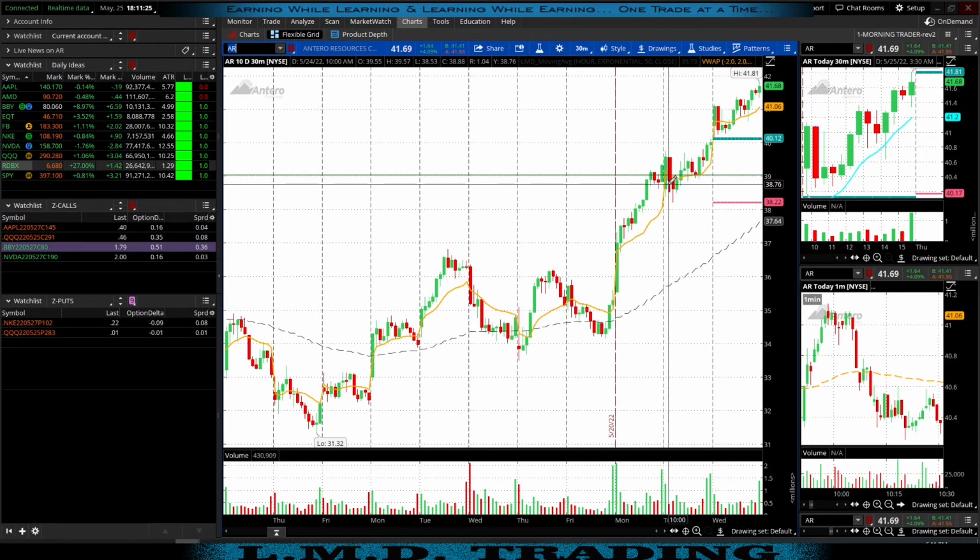I got stopped out for a few dollars. And this thing has gone $3. But swing trades are kind of rough right now because the market has no real follow through. But AR has been one that has just been grinding.